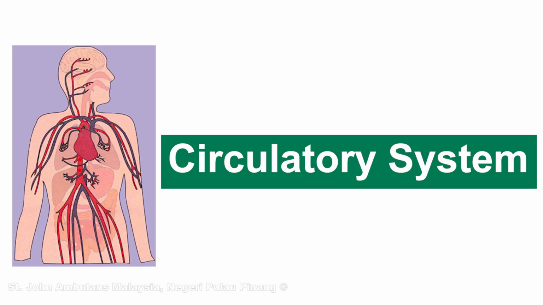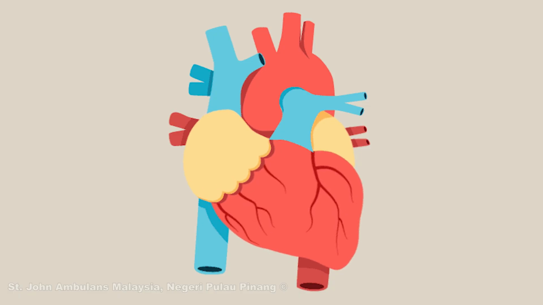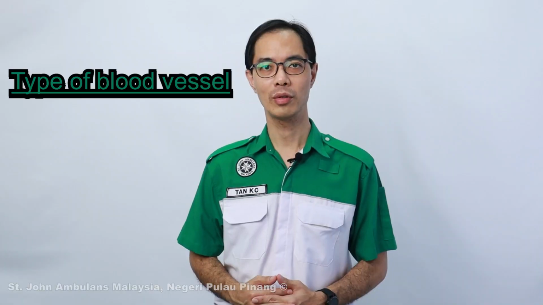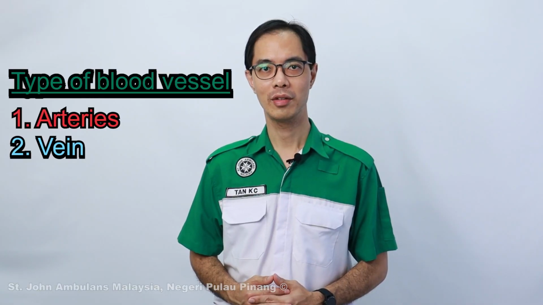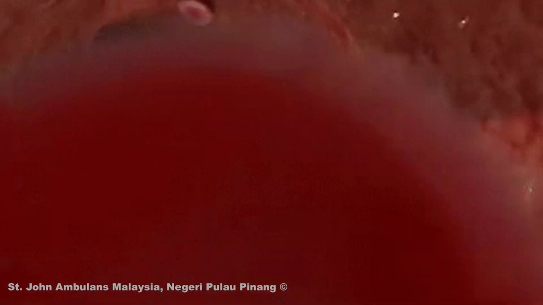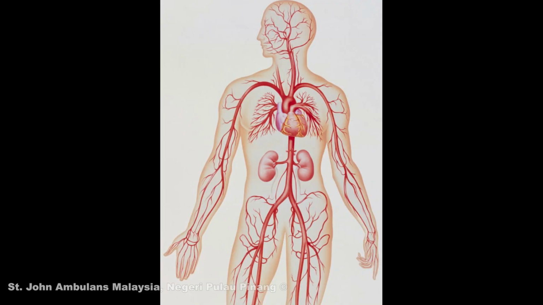First, let us start off with our circulatory system. Our circulatory system consists of our heart, which is our main pumping organ, and a huge network of vessels. Vessels include arteries, veins, and capillaries. When our heart is pumping, it will pump oxygenated blood and nutrients via the arteries to reach the vital organs.